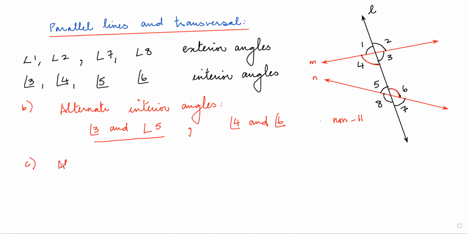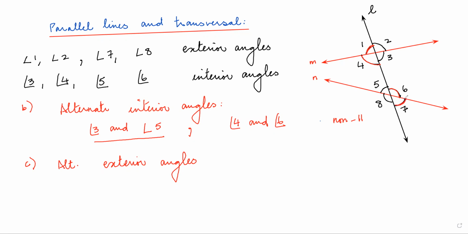Now we will talk about alternate exterior angles. So students, now angle 1 is there and angle 7 is there.